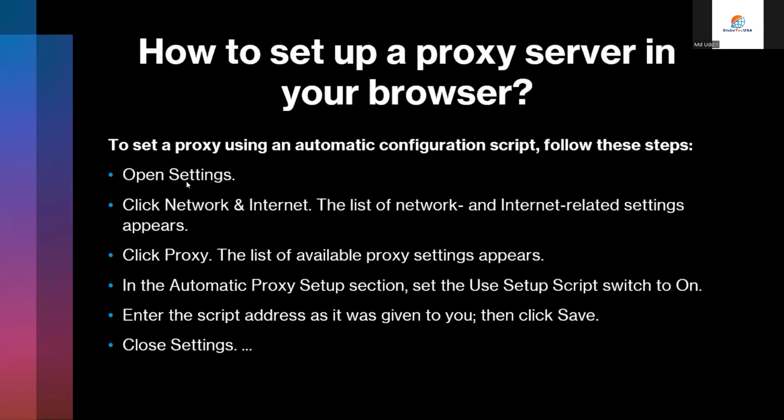Open the settings from the main menu. On the left side, you will see network and internet, under which you will see Wi-Fi, Ethernet, VPN, mobile hotspot, proxy.